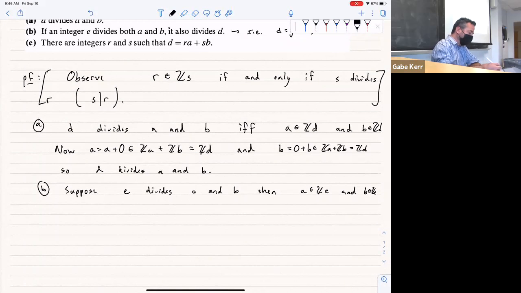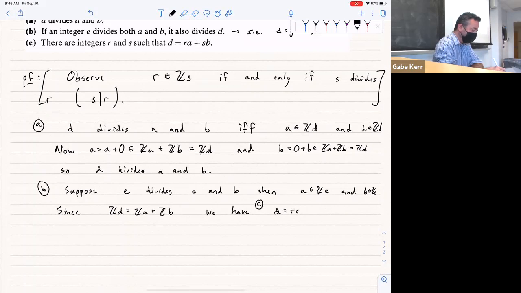But since ZD is equal to ZA plus ZB, we have D is equal to something times A. I don't want to do this, but maybe this is a proof of part C as well, which is just obvious, I think. R times A plus S times B.